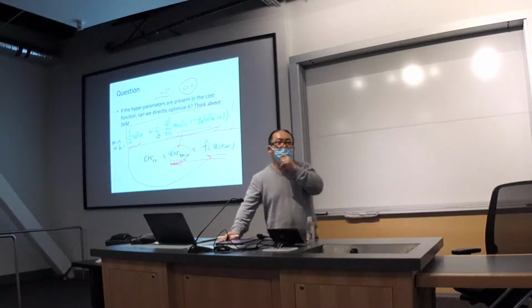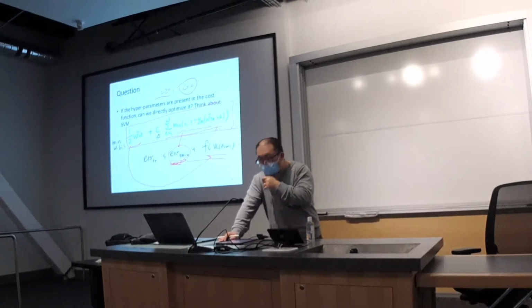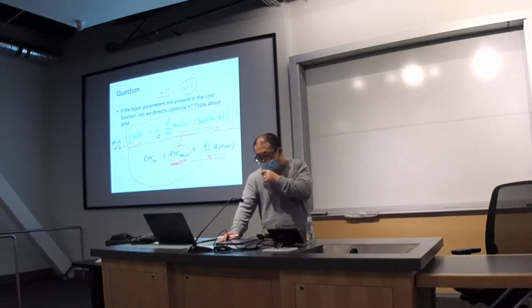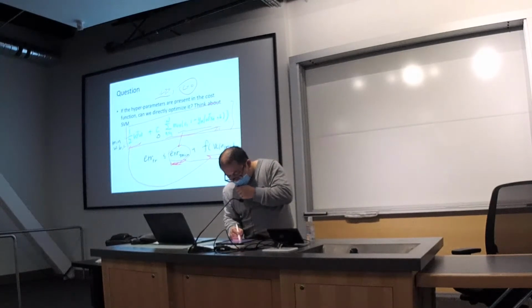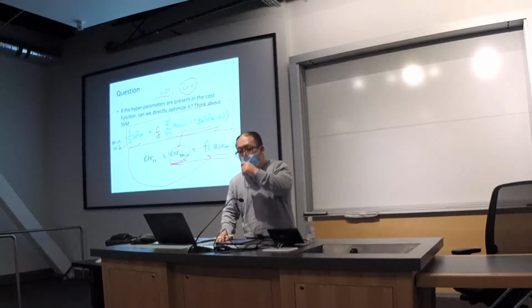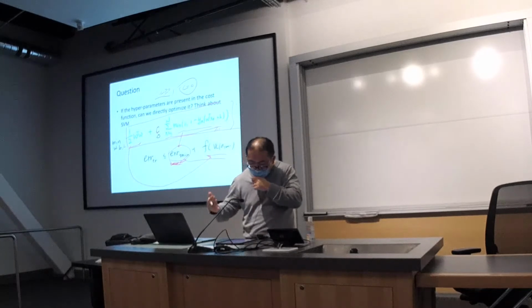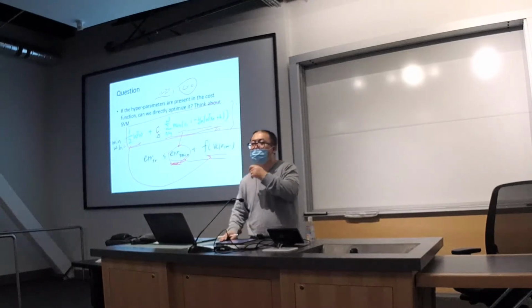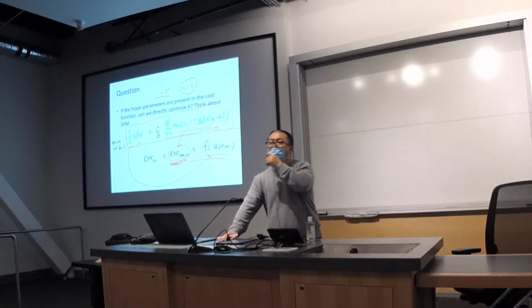Then a natural question arises, right? How can I choose C? Obviously, even though this C shows up in the objective function and seems that it can be jointly optimized with our model parameters, we shouldn't do that because that will lead to very bad consequences.